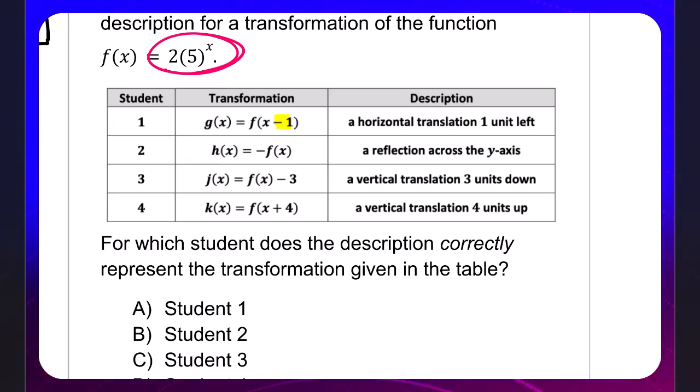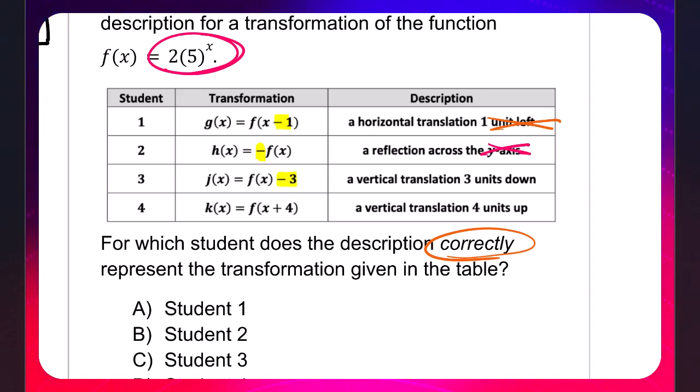And what we're trying to do is figure out who is correctly describing the transformation. And if this says -1 here, we're supposed to be going to the right. So this is incorrect. Negative in front of your function, that is a reflection over your x-axis. Look what they put. They put the y-axis, so that is incorrect.